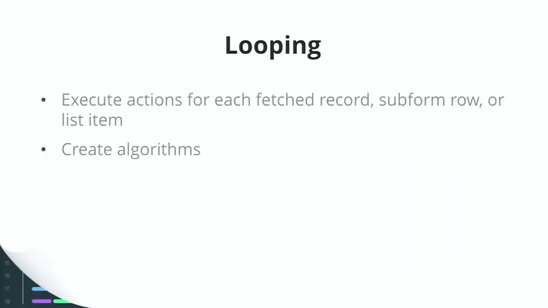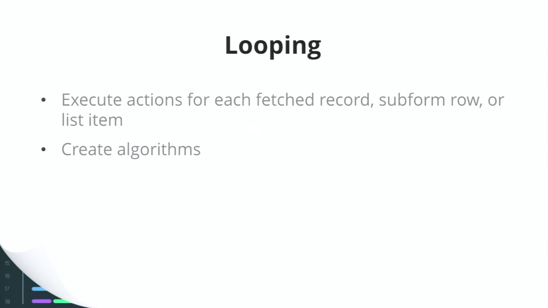All right, looping. Let's take a look at looping. What looping allows you to do is execute some kind of Deluge script for each record that you fetch, or for each row on your subform, or for each item in a list. If somebody has a field where people are allowed to pick multiple items, you could do a for each loop and run through each one of those items and do a particular action.